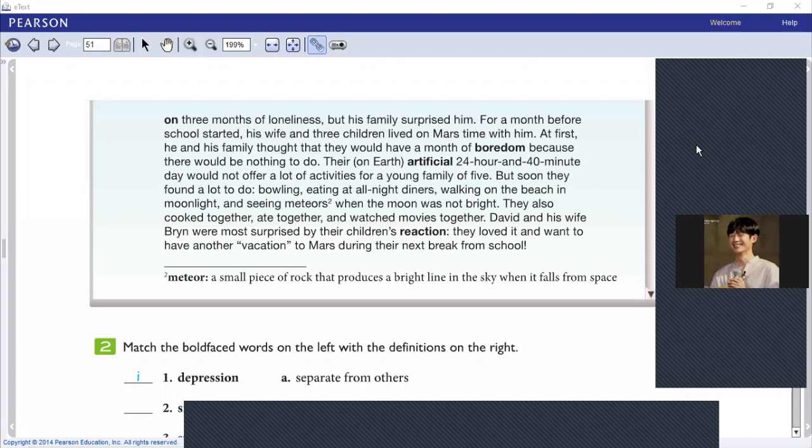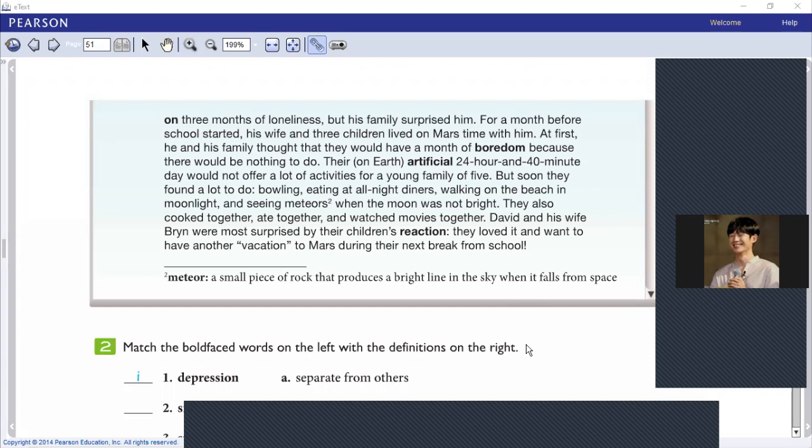Can you please read? Can you turn on your camera? Which one? Here.